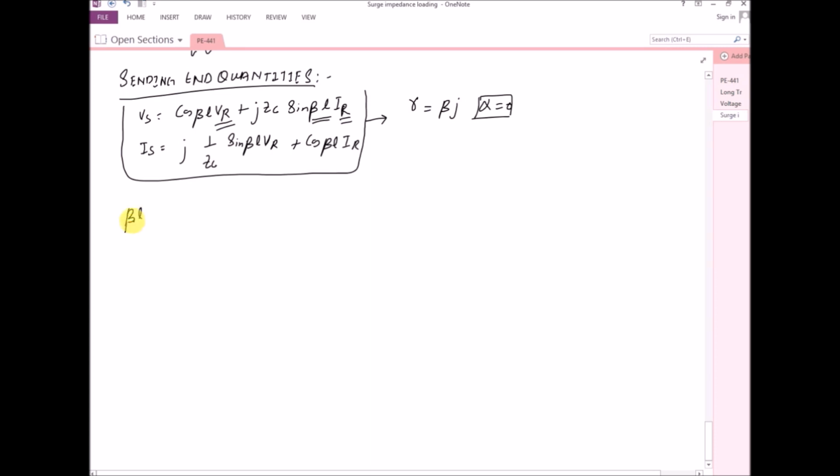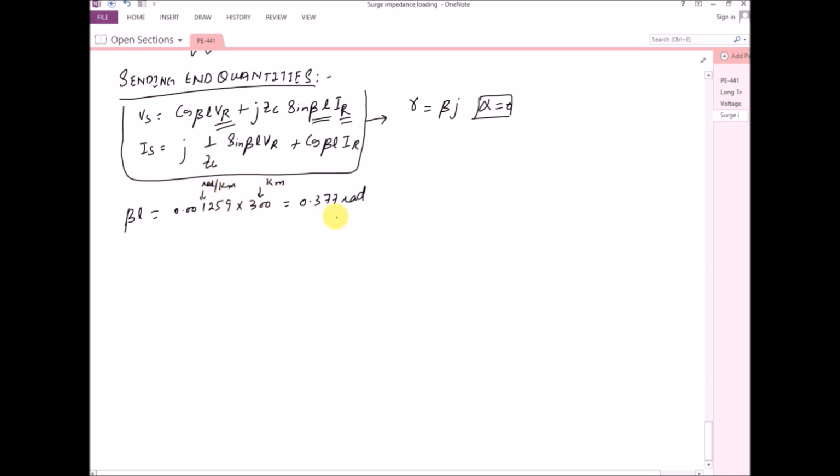We already know the value of the phase constant that we calculated in the previous part of the example. It was 0.001259 times the length of the line, which is 300. So it will be 0.377 radian. The unit of the phase constant was radian per kilometer, and the length is in kilometers.